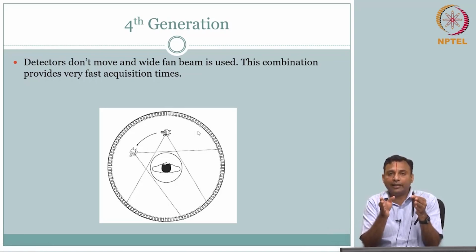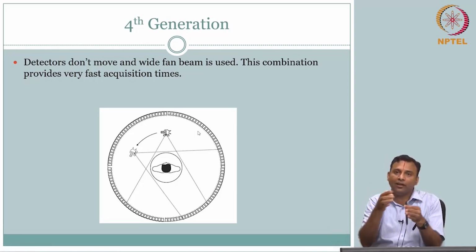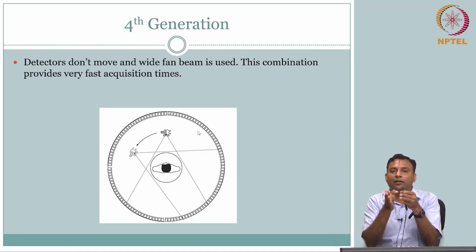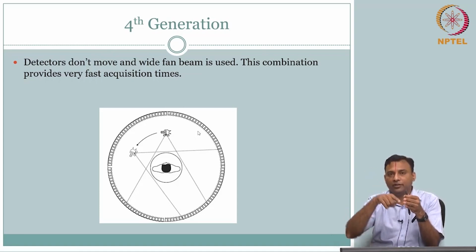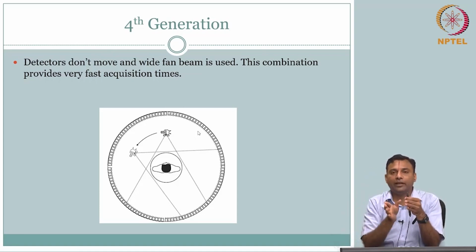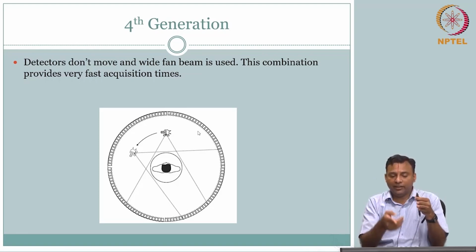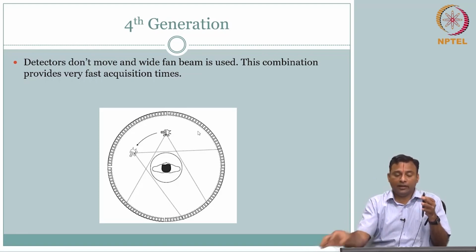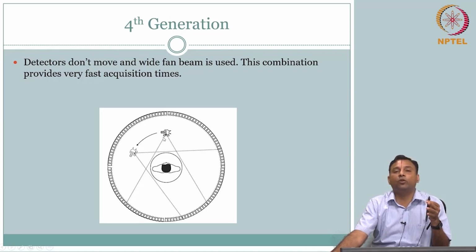When the detector and the source were moving together, you could have a collimator based on the line of sight from the source to detector. Whereas here I can change my step size for the rotation of my X-ray tube source, in which case I cannot really have the same line of sight.